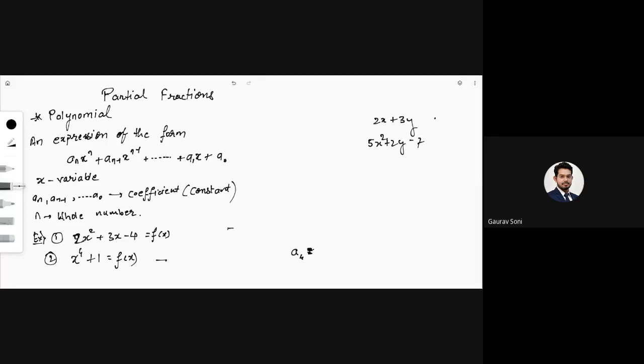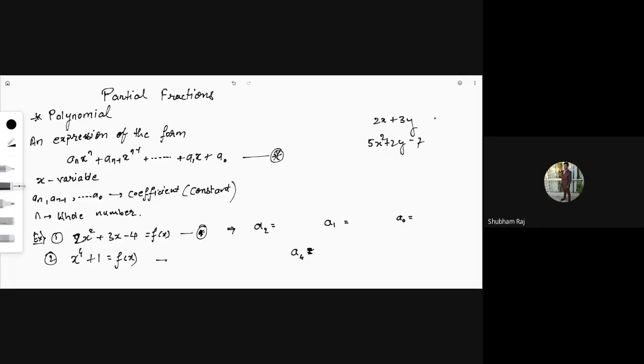And now my question is, can you compare the equation star, which is written above, and the first example, and tell me what is the value of a2, a1, and a0. Can you compare two equations? No one?